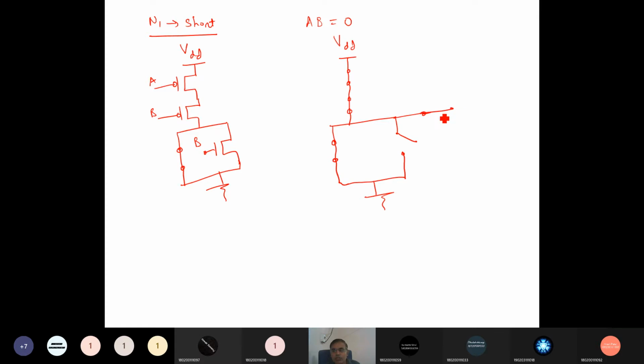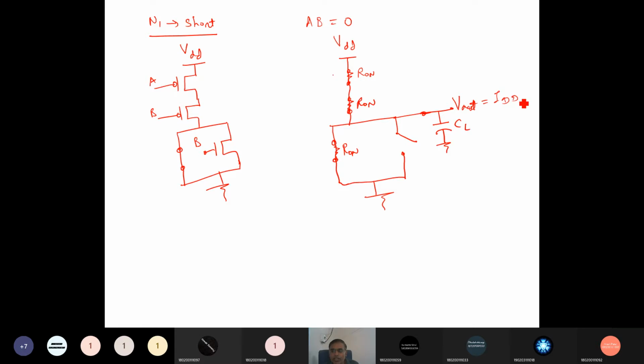So what will be the output? Here it is our load. What will be the output voltage? This is shorted, not exactly shorted, it has some resistance R1, as does the P MOSFET in its conducting state, which has an equivalent resistance. So what output voltage will we get? It is as per the IDDQ, meaning that according to the potential divider we will get some output voltage.